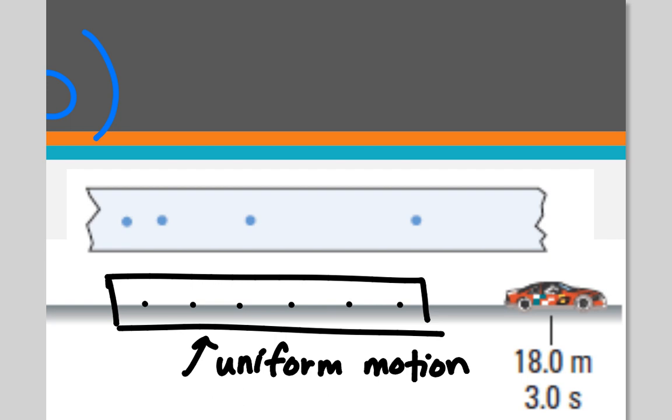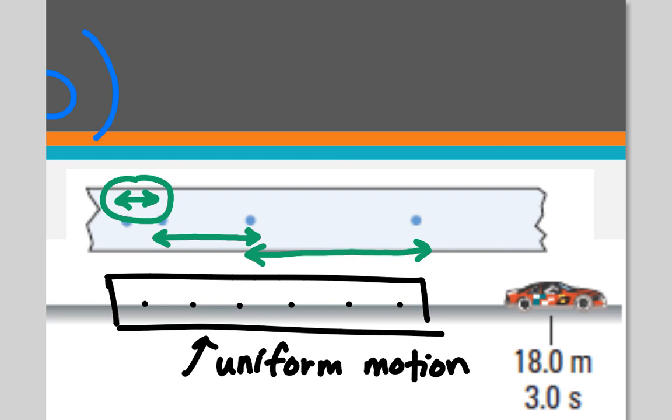Like I said, it might be confusing at first, but each dot occurs at the same time interval. So in one interval, you travel that far.